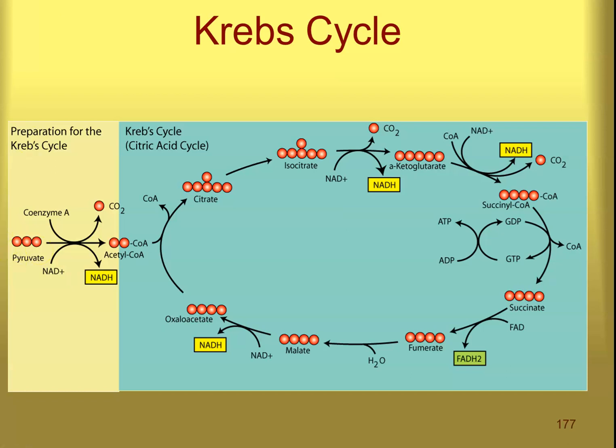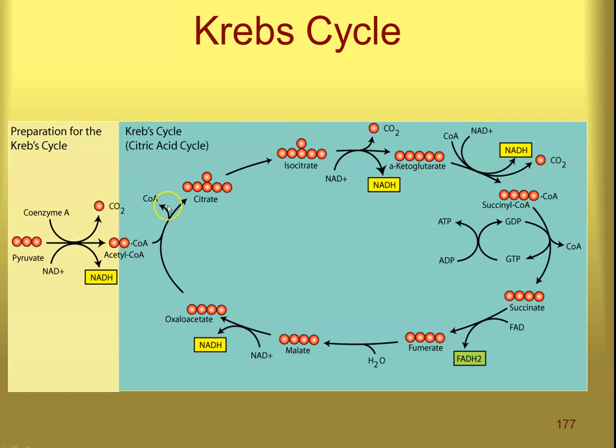So the second pyruvate is waiting in line behind the first pyruvate to go through the Krebs cycle. So for 1 molecule of glucose, the Krebs cycle has to go around twice to completely process all 6 carbons that were part of that 6-carbon glucose molecule.